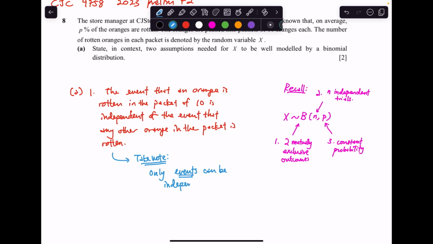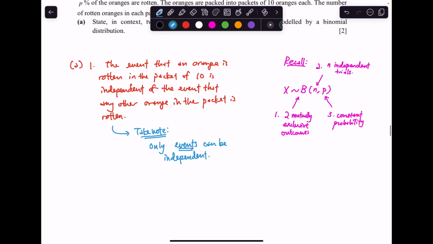You cannot say things like probability is independent, right? So probabilities cannot be independent. Okay, there's no such thing. Probability is just like chance, right? The chance of getting something is not independent, it's the event that's independent. Okay, so it's just a little bit of semantics.